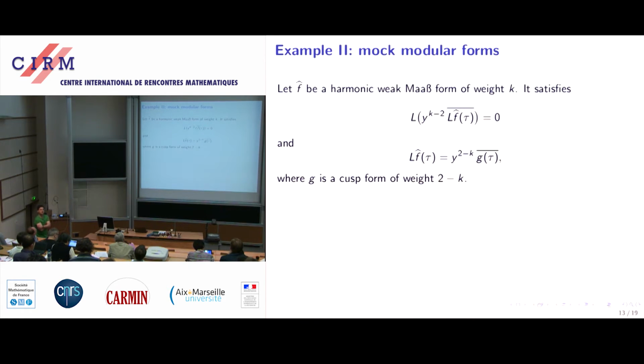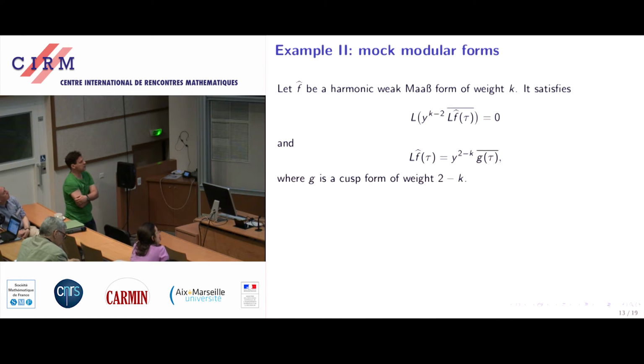What is a harmonic weak Maass form? It does transform like a modular form of weight k. It's not quite holomorphic, but it's annihilated by the hyperbolic Laplacian, which is a second order differential operator. You can interpret it like this. So this is a restatement of the fact that it's supposed to be annihilated by the hyperbolic Laplacian.